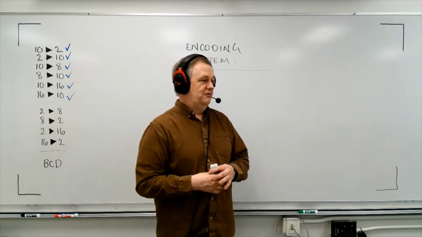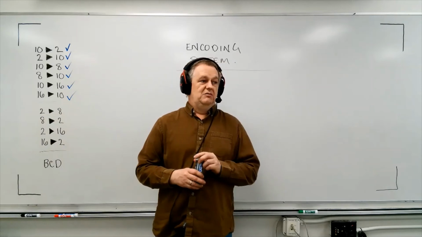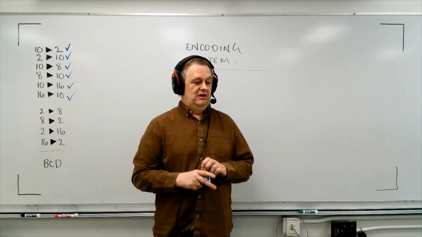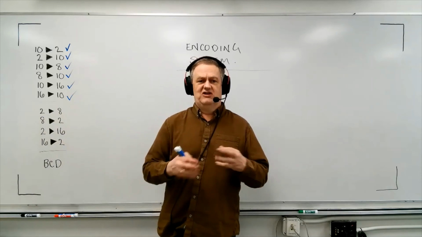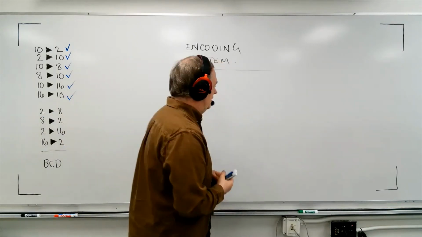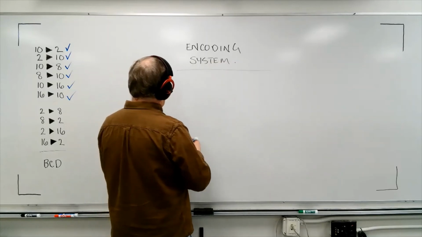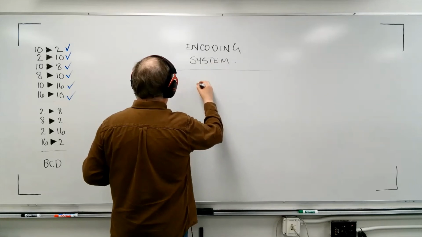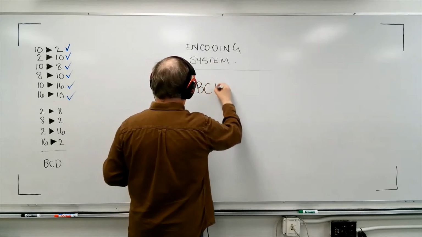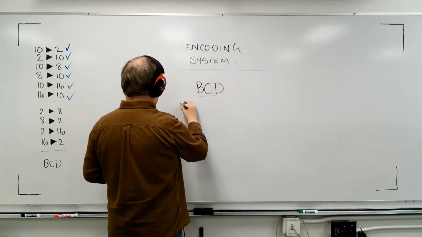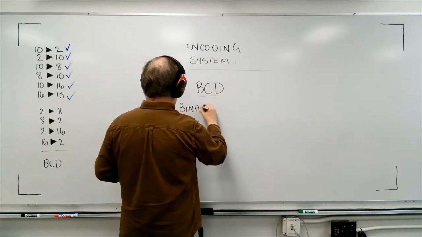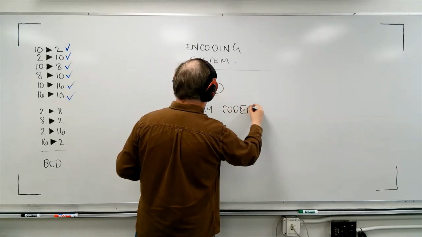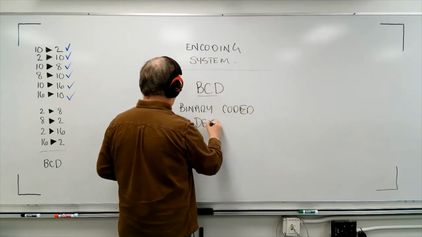For instance, in multi-segment electronic displays that show different types of information where the numbers change very quickly, it can be common to use BCD. BCD is the short form for binary coded decimal.